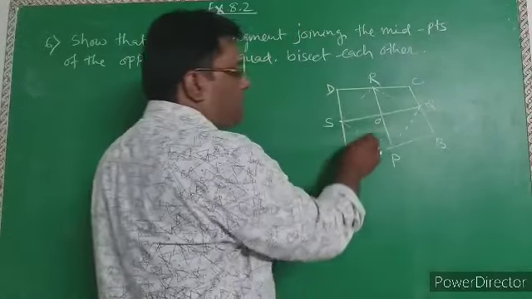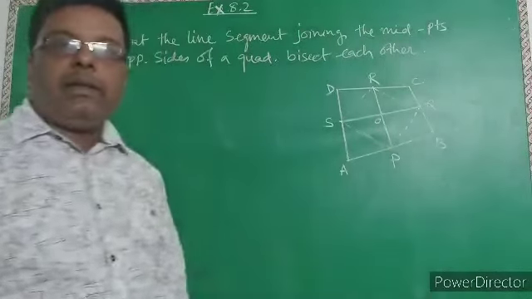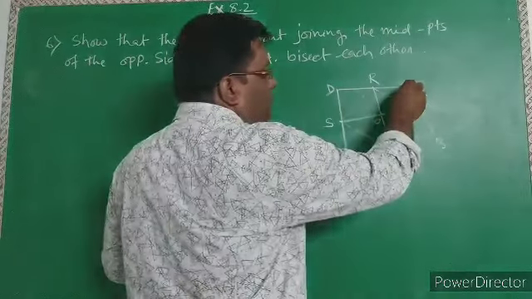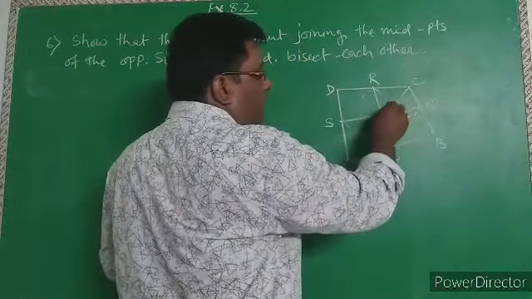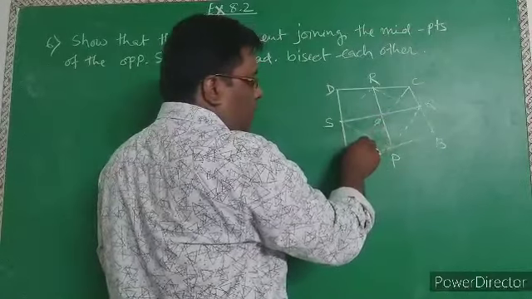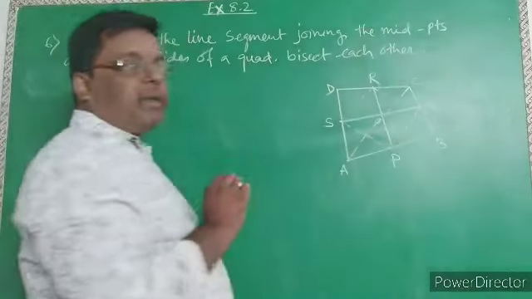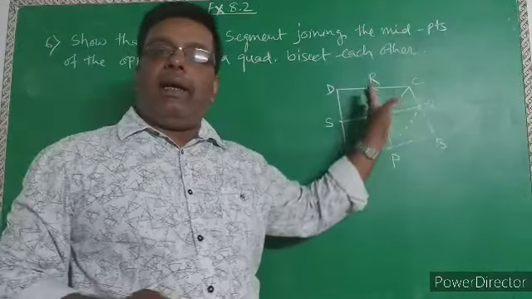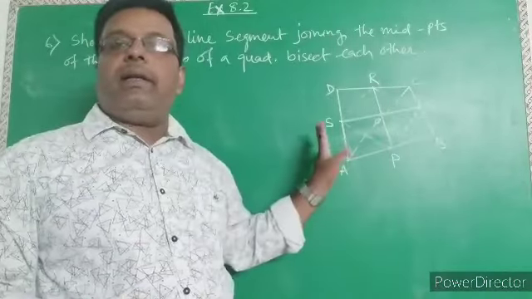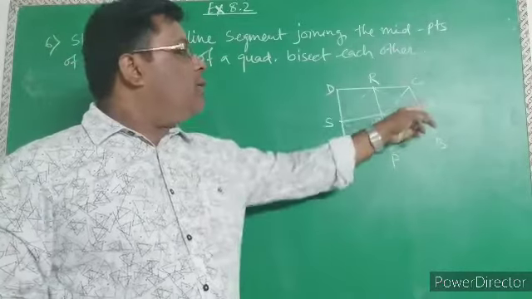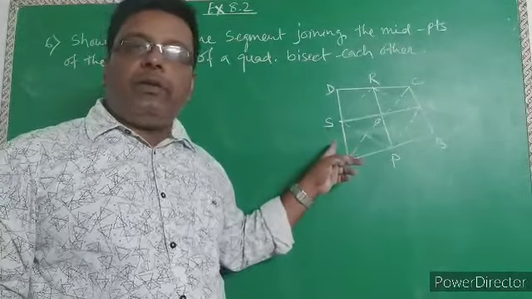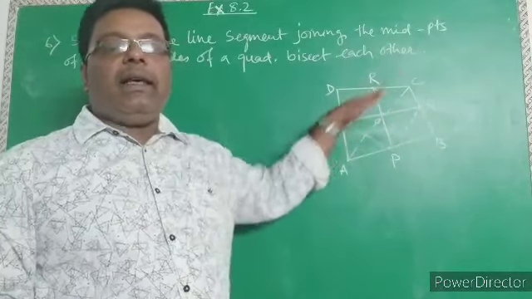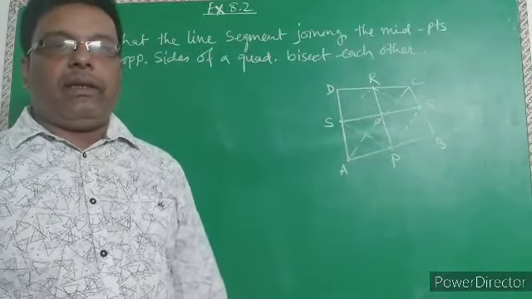You have to join these midpoints by a dotted line, and you have to draw the diagonal AC. Now you get ABCD, any quadrilateral, PQRS are the midpoints of the sides AB, BC, CD and AD, and AC is a diagonal of this quadrilateral.